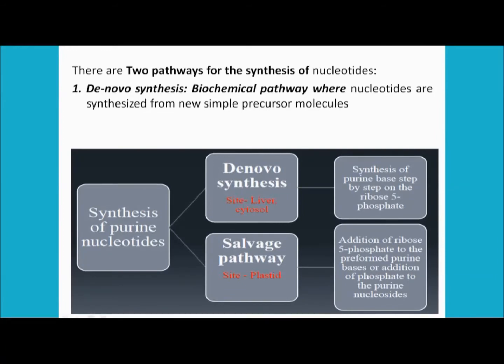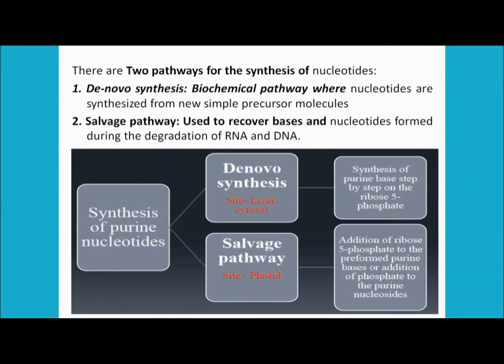Whereas the next type of synthesis is the salvage pathway, where it is used to recover the bases and the nucleotides formed during the degradation of the DNA and RNA. So whatever nucleotides or bases form after the degradation of the RNA and the DNA can be reused for synthesis, and this reusing pathway is known as the salvage pathway.